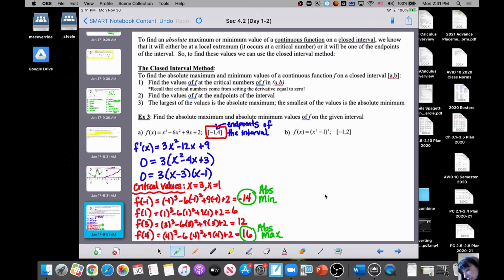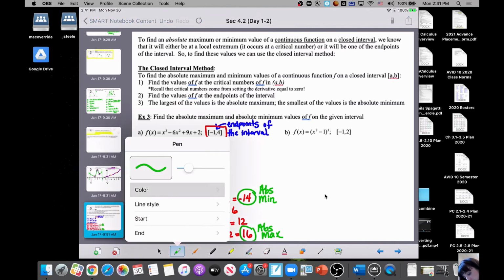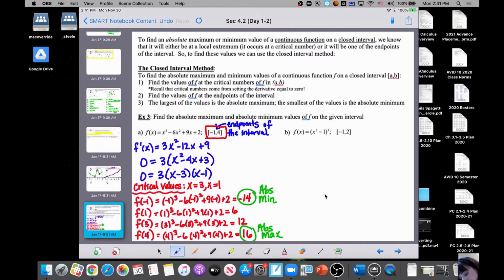Let's try another example, same idea. So in letter B, again, the interval is -1 to 2, so these are my endpoints of the interval. So those are going to be 2 of the values that I'm going to be plugging in later. And now I have to find the derivative of my function.